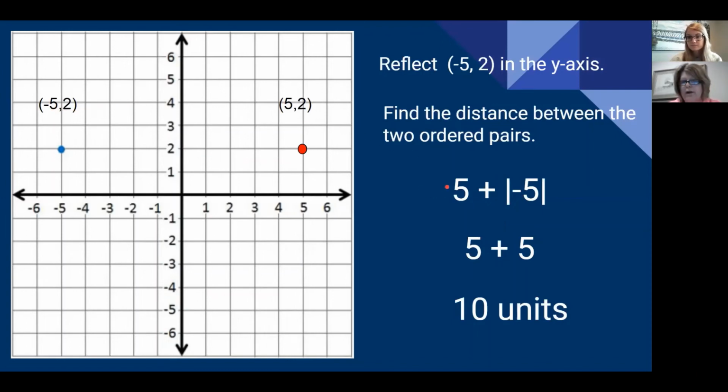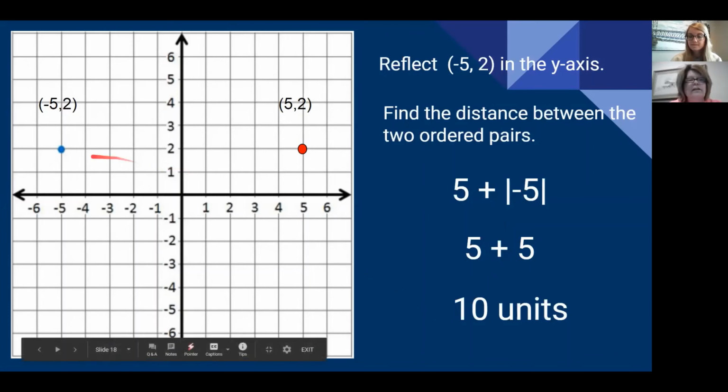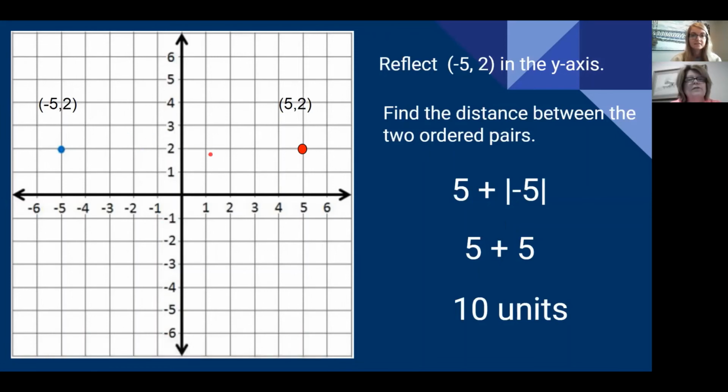And I have my work shown over here. The absolute value of -5 is 5, and 5 plus 5 equals 10. Let's check our answer. 1, 2, 3, 4, 5, 6, 7, 8, 9, 10. Class, we are 10 units between those 2 points.